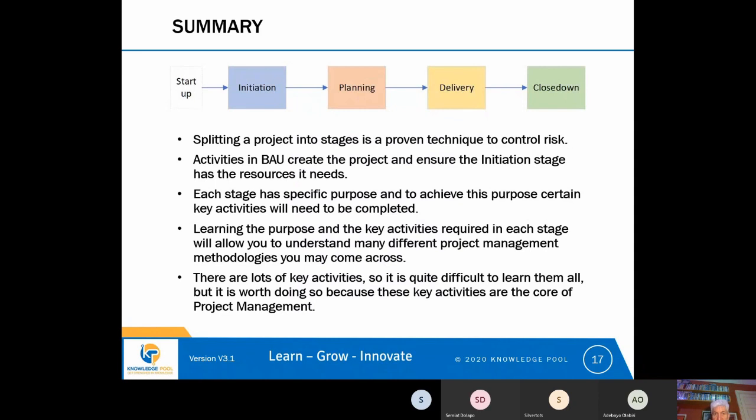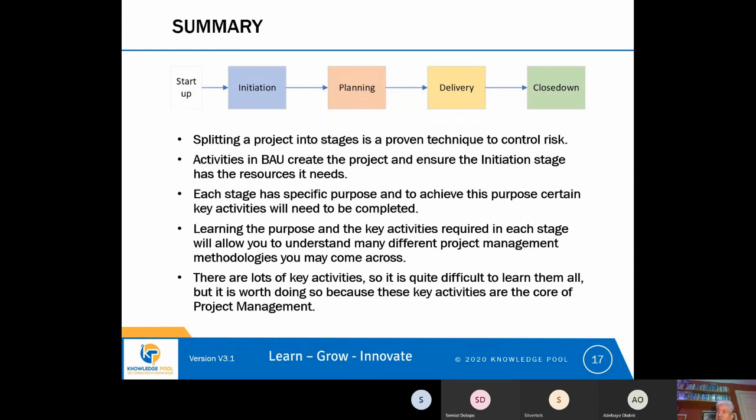During the initiation stage, we make sure we understand the business case for the project, the problem we're trying to solve, the vision and the outcomes we want, what design we need, what approach we need, what risk we face, and we come up with a plan for the planning stage.